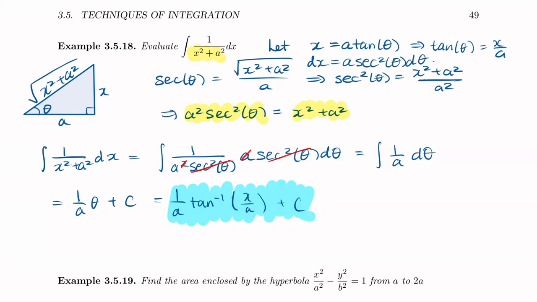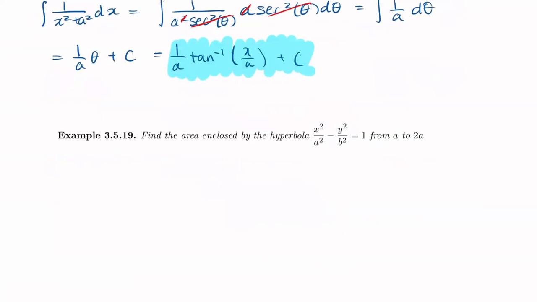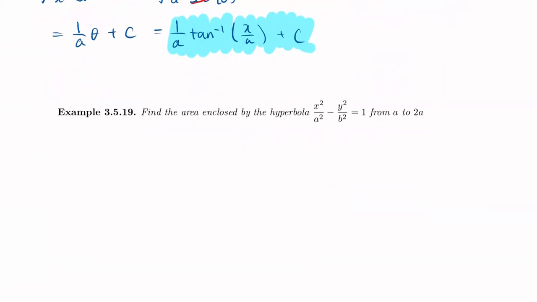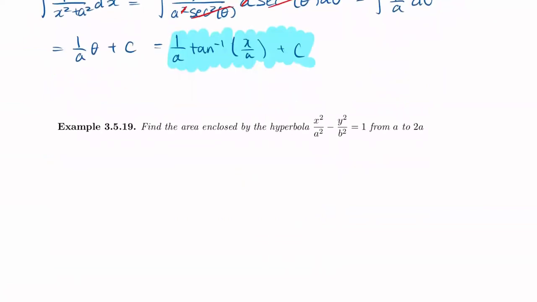Okay. So let's try to find the area enclosed by the hyperbola from x equal to a to 2a. If we want to find the area enclosed, let's find the expression for y first. Let's find a common denominator, which is a squared b squared.